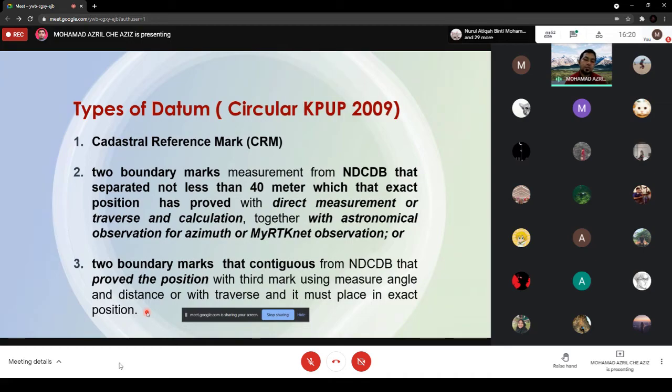So you have two contiguous boundary marks and prove them with a third mark. You check the interior angle and the distance to confirm these three boundary marks can be used as a datum. So you have three types of datum to start a survey in cadastral.